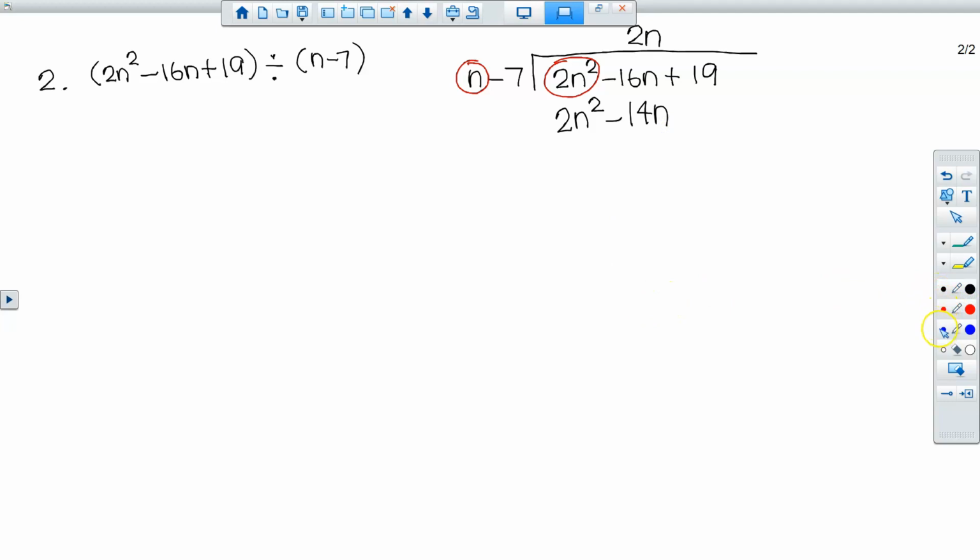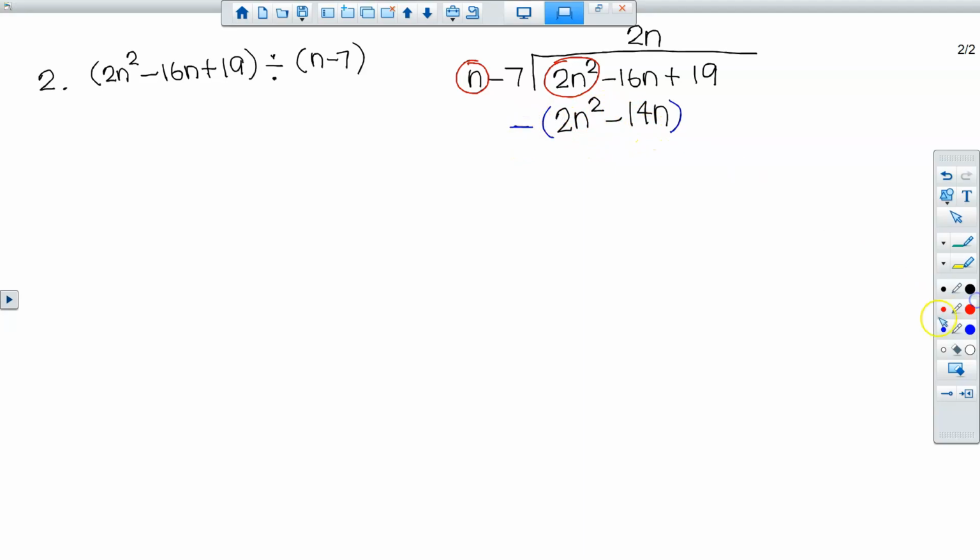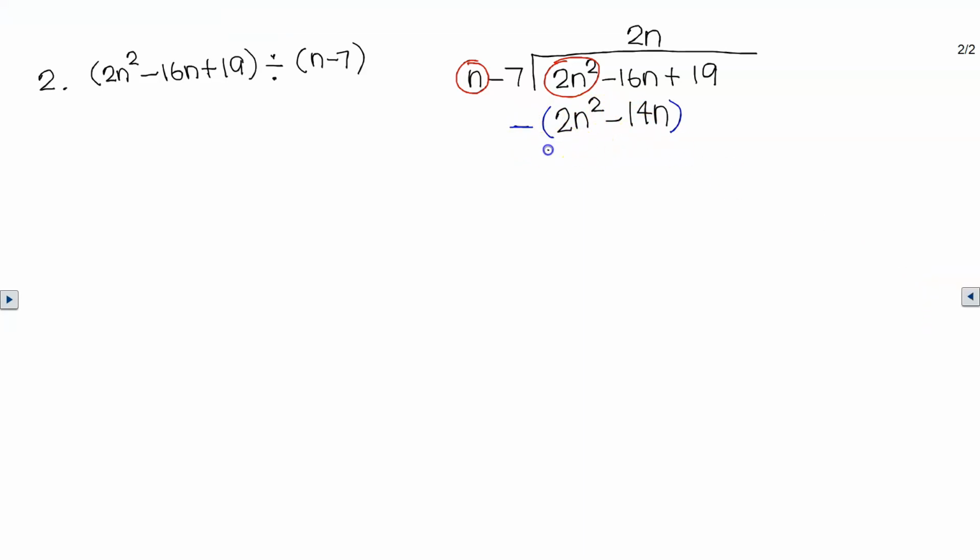Time to subtract. And remember, you are subtracting 2n squared and subtracting negative 14n. So be careful with this. First part's pretty easy. 2n squared minus 2n squared. These will cancel each other out. Be careful on this second part because you are doing a negative 16n minus a negative 14n.